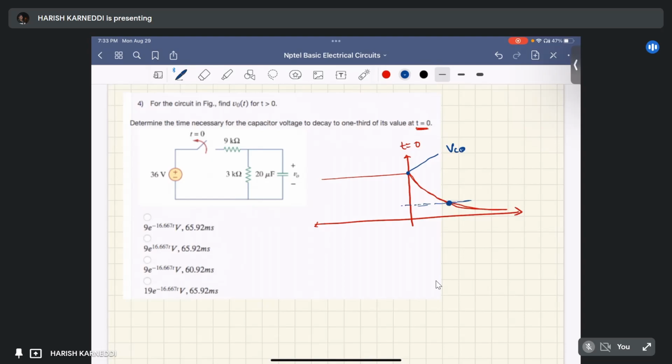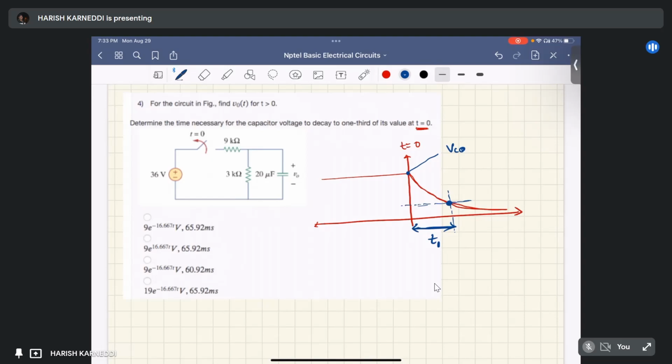To reach this point, how much time will it take? It's asking about this time period. Let us suppose this time period is t1.